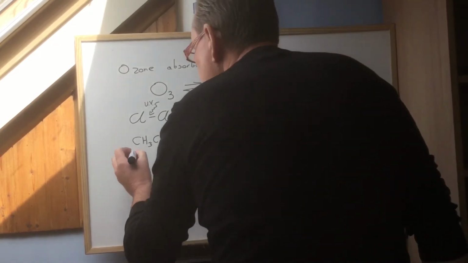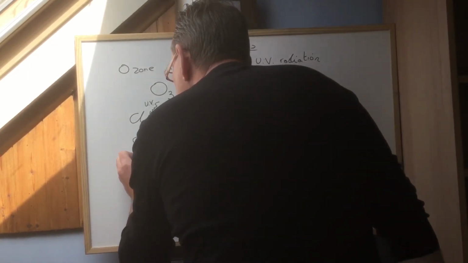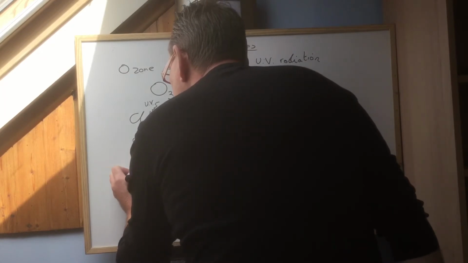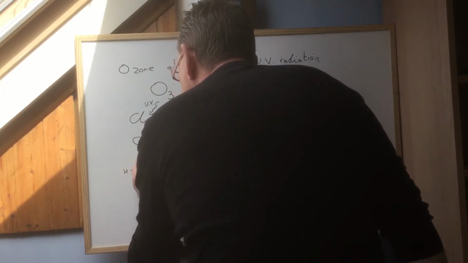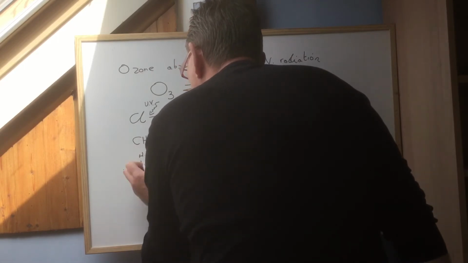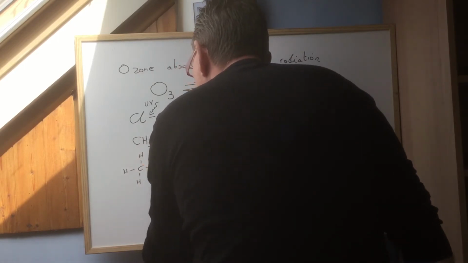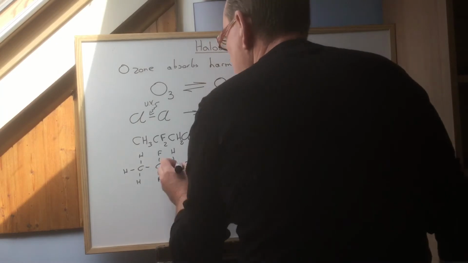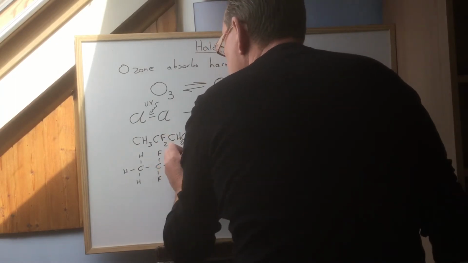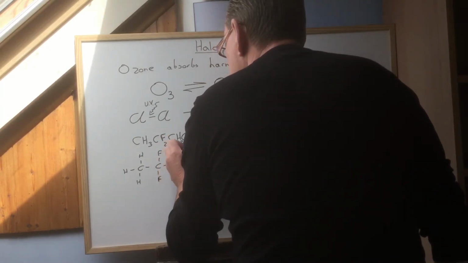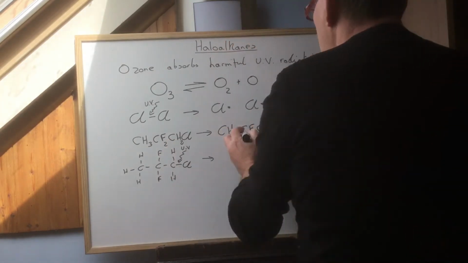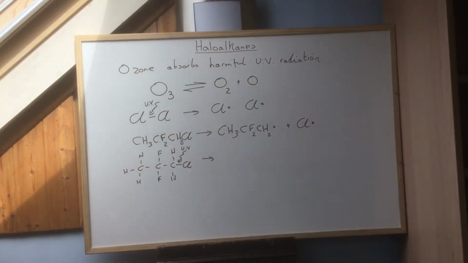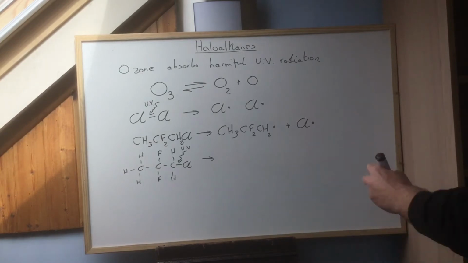I'll try and show you another one in a bit more detail. C-F bonds don't really break, they're too strong. So you can have any one of these, but that's the key. That's the C-Cl bond. UV breaks that to make what I've shown you above there.